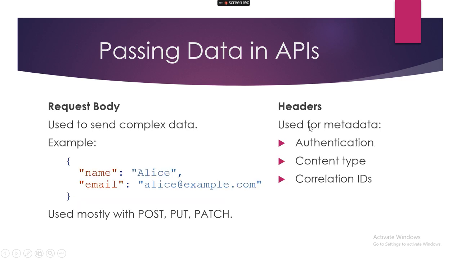You want to put it in the next one, which is the header, because the header is where things used for authorization and authentication are usually sent. So you have headers used for metadata, like authentication, content type, and correlation IDs. Authentication and authorization are usually sent through the headers, so something like your role will be in the header, especially if you're using a JWT token.